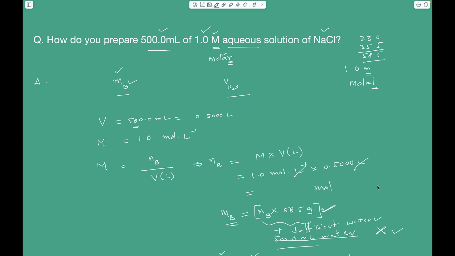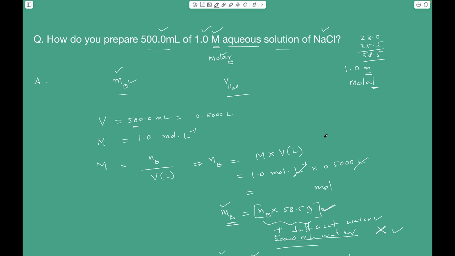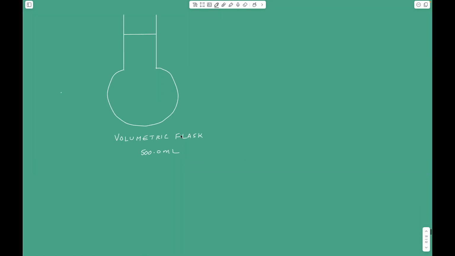Now, if that is the case, how can we ever prepare this solution? Go to a laboratory to do that. In a laboratory, we can prepare solutions of required molarity with the help of an apparatus called a volumetric flask. A volumetric flask has a particular volume at a given temperature, and this is how it looks. You will find volumetric flasks with different volumes or capacities.